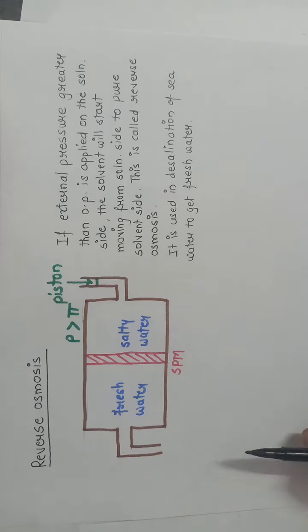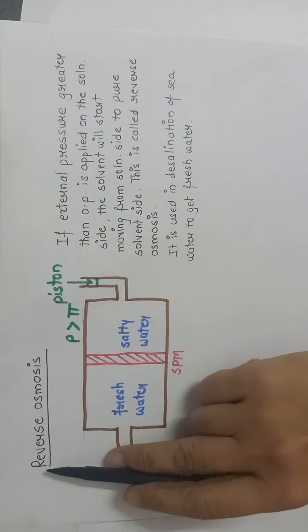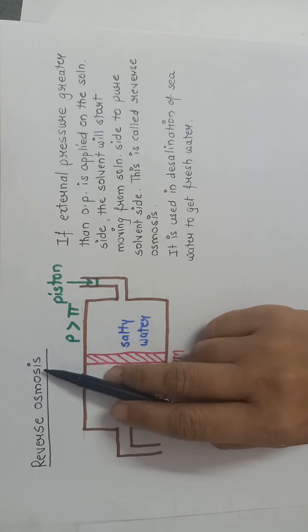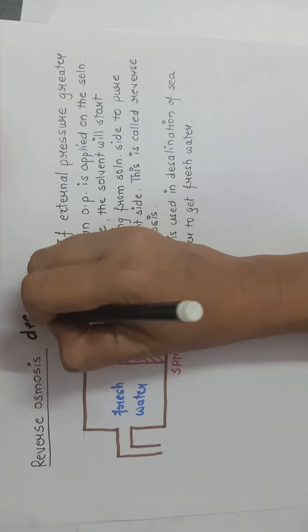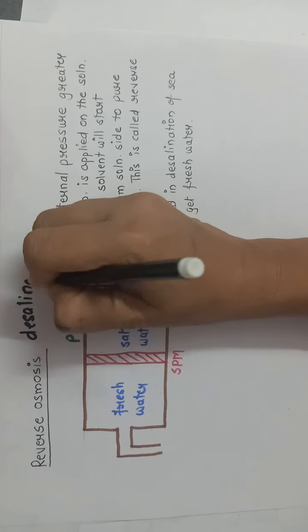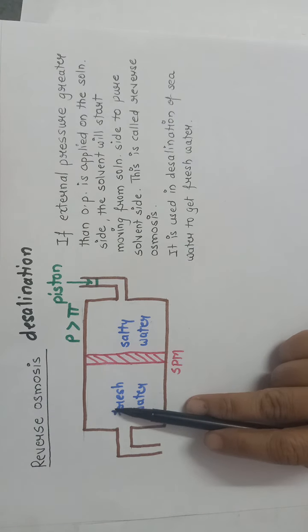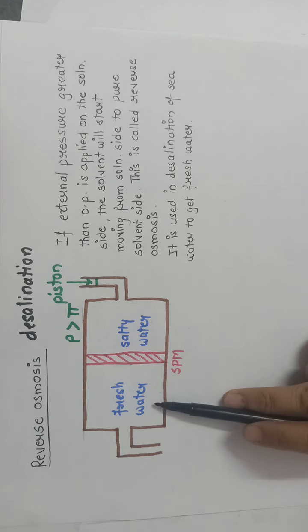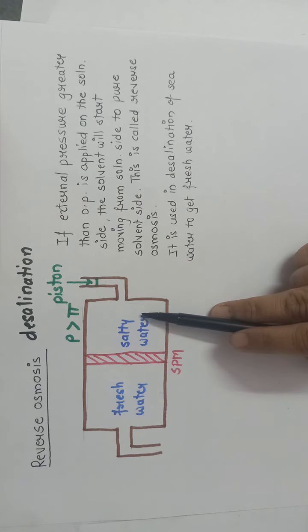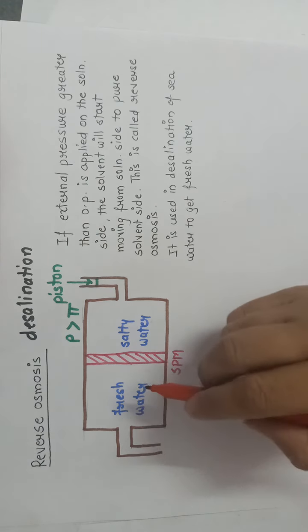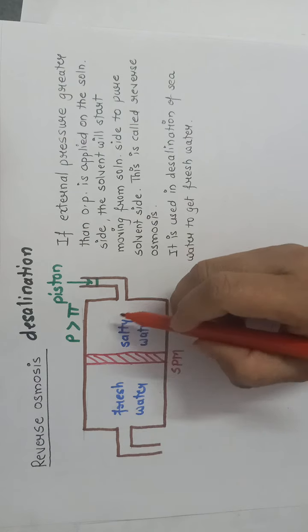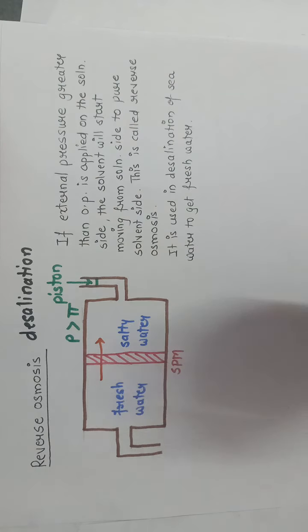The other practical application of osmosis is reverse osmosis, whatever we call RO. It is also called desalination of salty water. How is it done? In one container fresh water is taken and in the other container salty water is taken. Now what we have studied in osmosis is that generally there is a flow of solvent molecules towards the salty water.